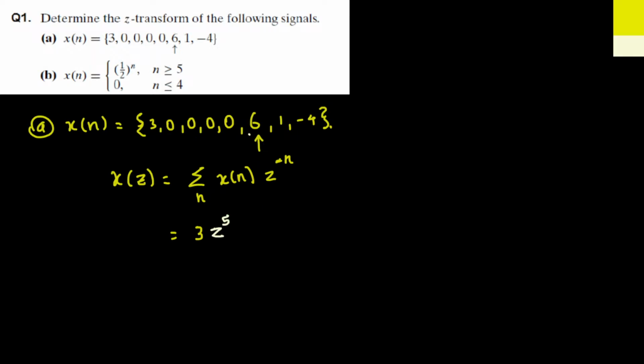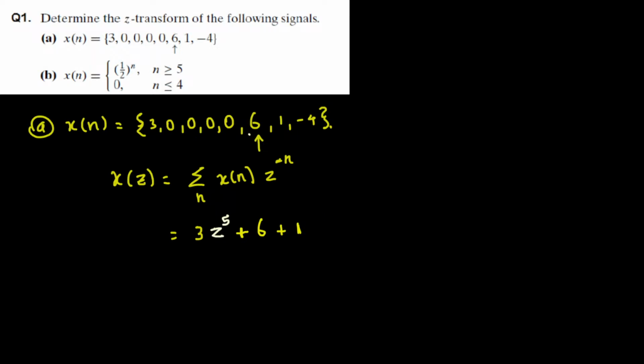So we are going to have z power -5, which is going to make it z power +5. Okay, and then the next point we have is 6. This is at 0, so z power 0, which is 1, so we don't have to write that one. And the next one we have is 1 right here, and then that is z power -1.